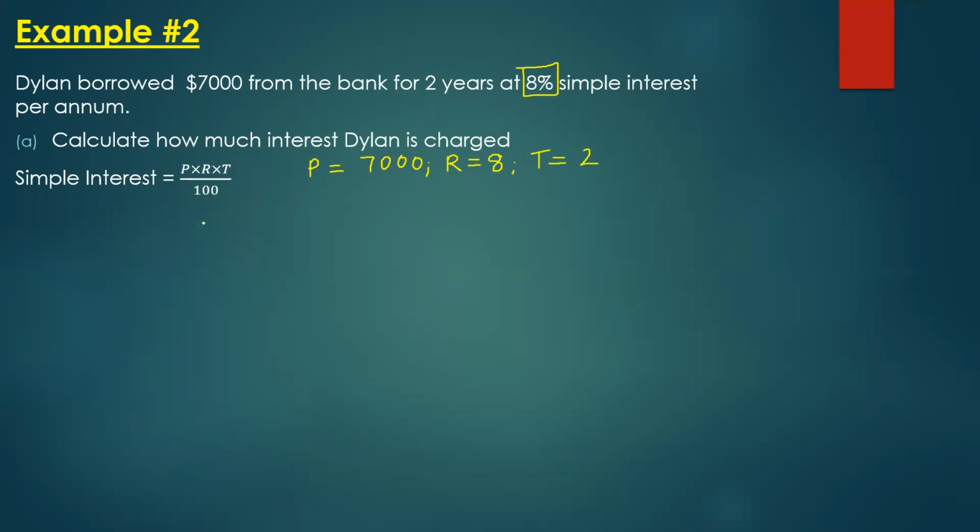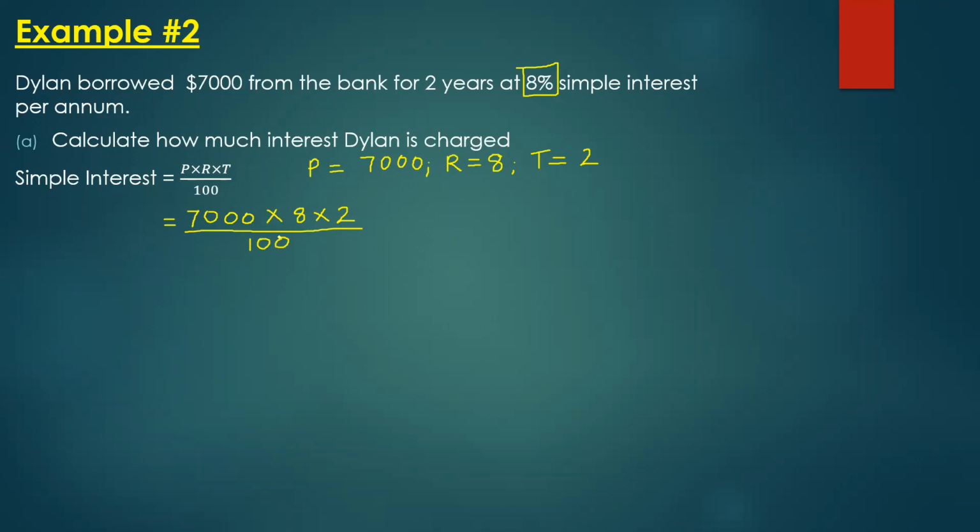All right, so we got to go to this one. So it's just going to say equal to 7,000 multiplied by R, which is 8, multiplied by 2, all over 100.